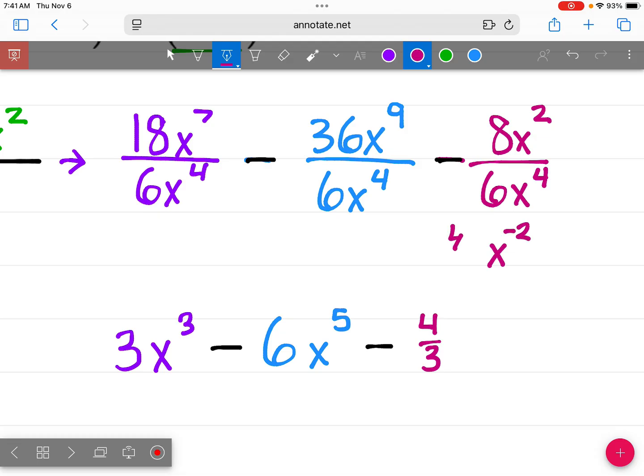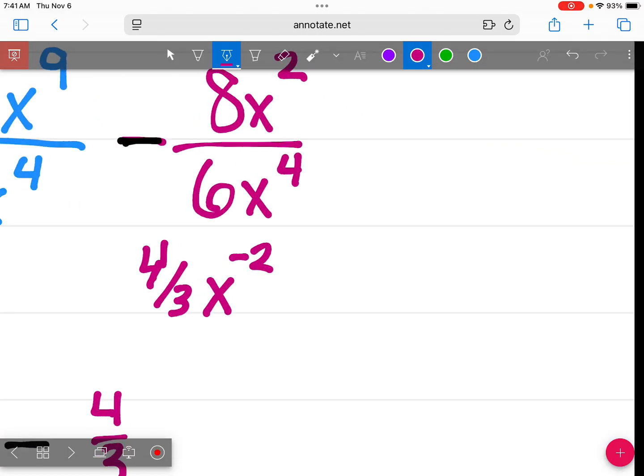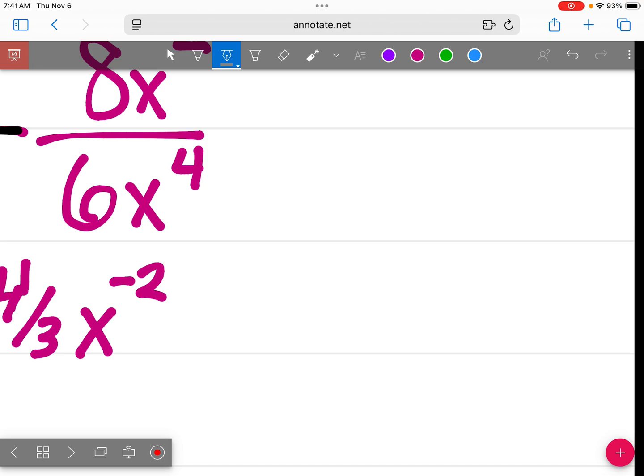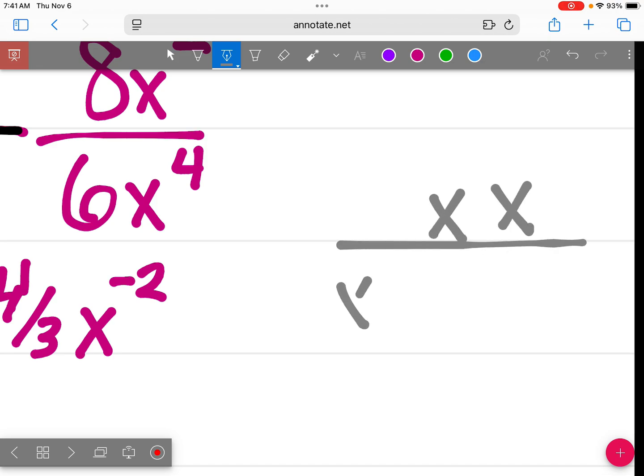We get our 4/3. What does it mean when we have a negative exponent? It's not imaginary, but good thought. I'm going to write over here to the side. So what if we think about it being the way we did it the first time? We looked at 2 x's over 4 x's.